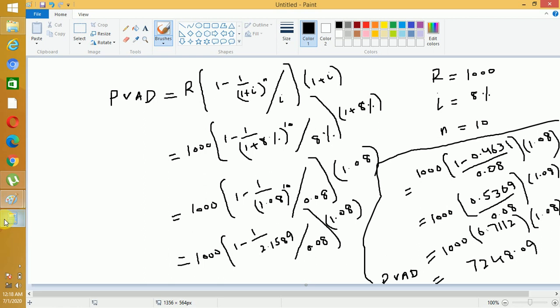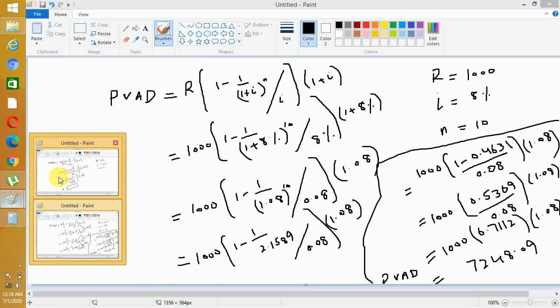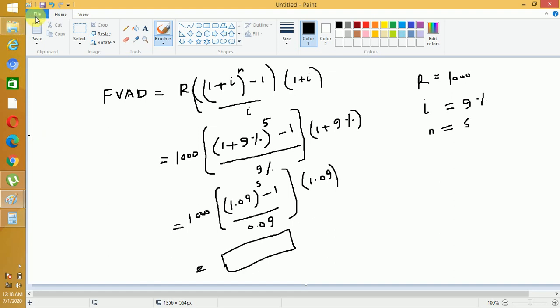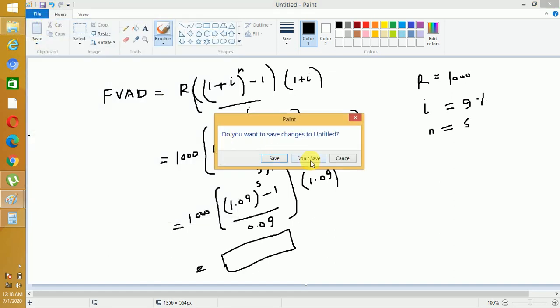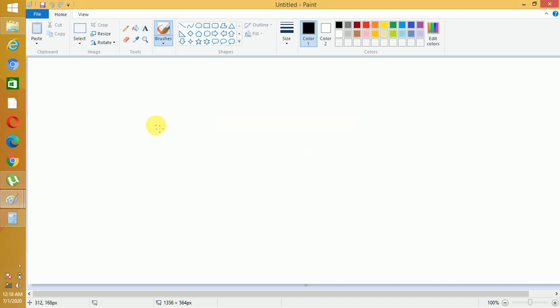Just keep the formulas in your mind. Two formulas, simply see: future value of annuity and present value of annuity.